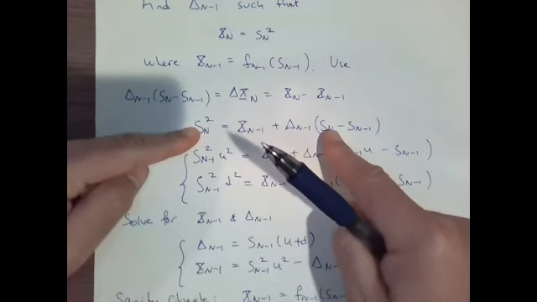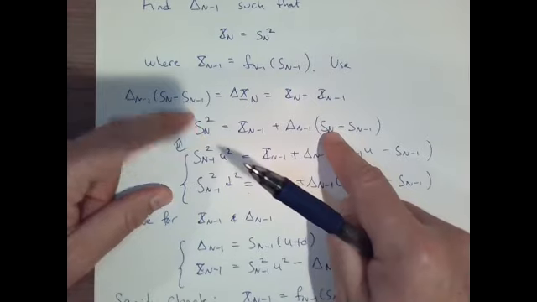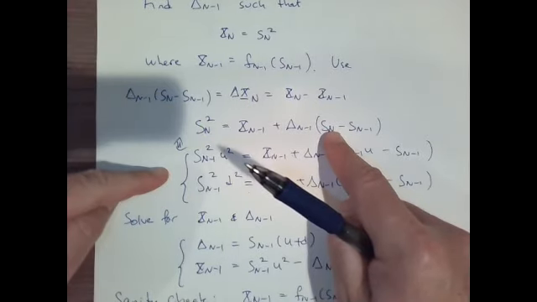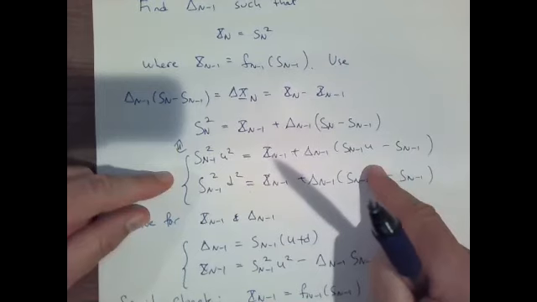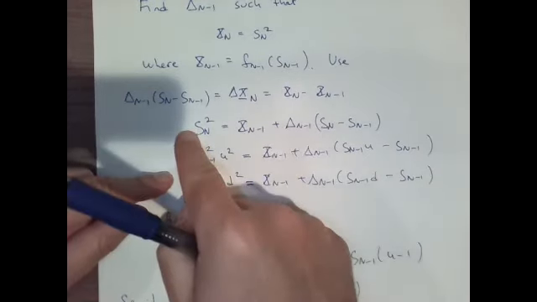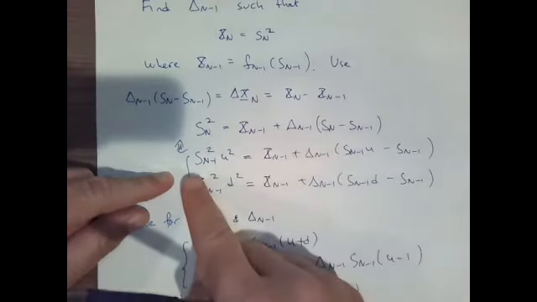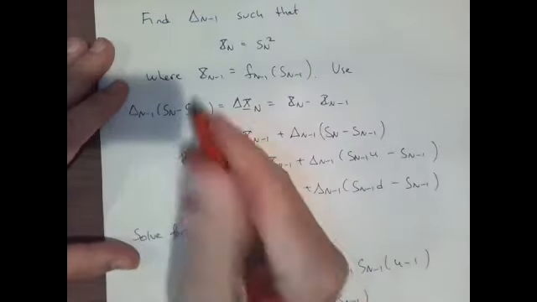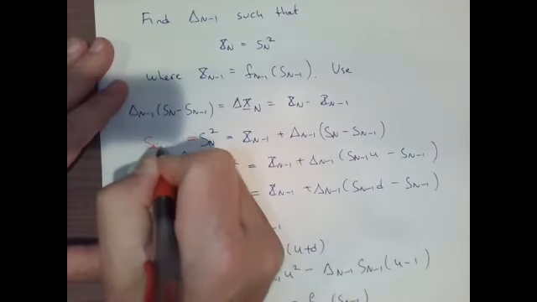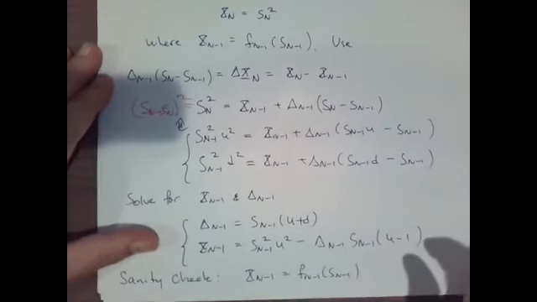And how many possible values are there? Well, if you're sitting at time n minus 1, there are only 2 possible values. It's either going to go up or it's going to go down. So this equation here is really these 2 equations here, because Sn is equal to Sn minus 1 times u in the up state, and is equal to Sn minus 1 times d in the down state. Oh, I understand. That's how you get your system of equations to solve for Sn minus 1.